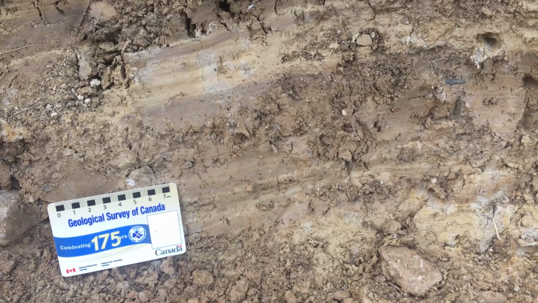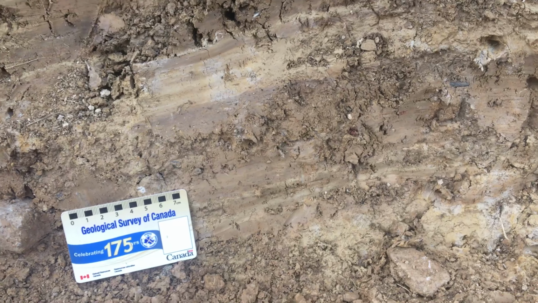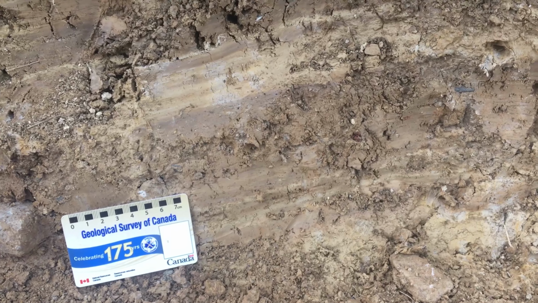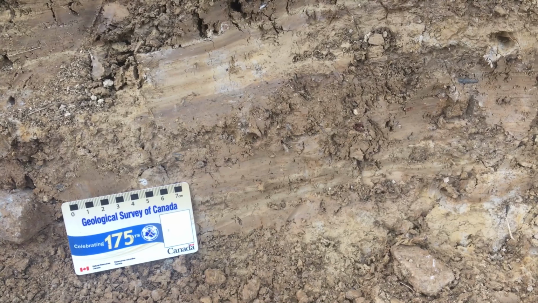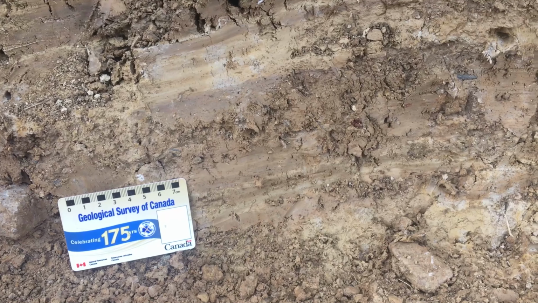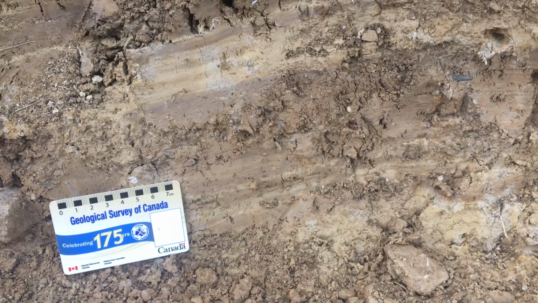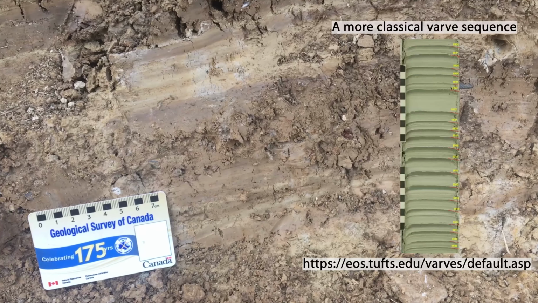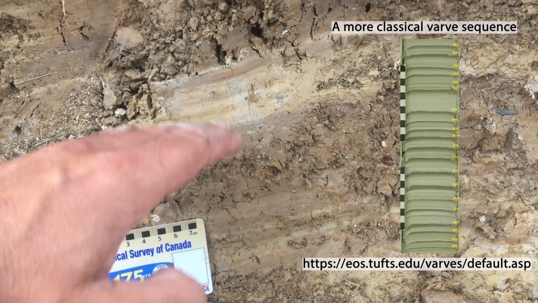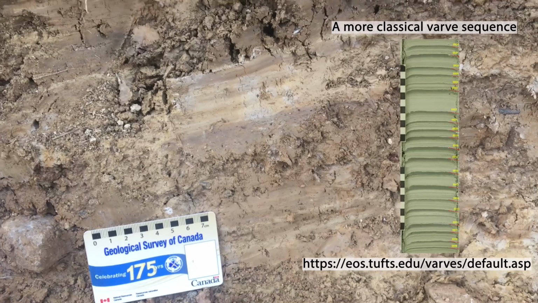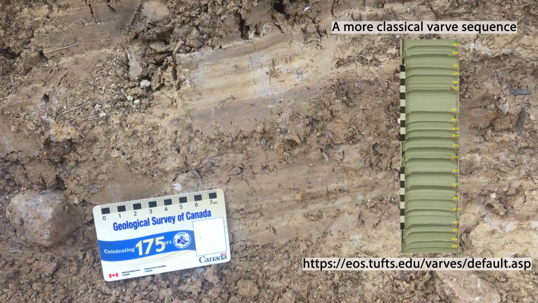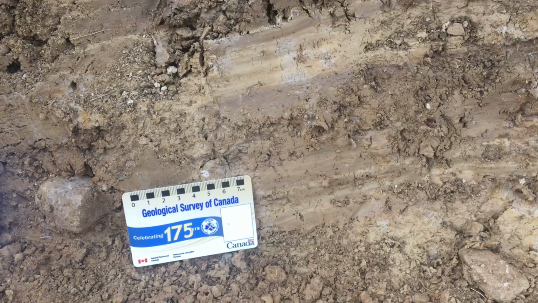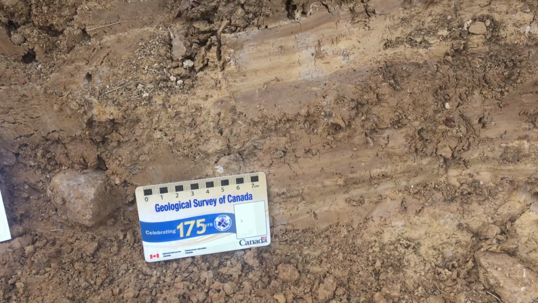Sometimes these are due to seasonal changes, and the summer layer will be coarser because of more meltwater coming into the lake, and in the winter you have ice cover, it's more quiet, and you have settling of fine grain sedimentation. So when it's seasonal like this, when it's annual, it's called varve. But if you're not sure of the cyclicity, then you just call them rhythmites.